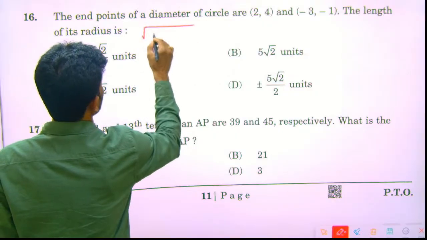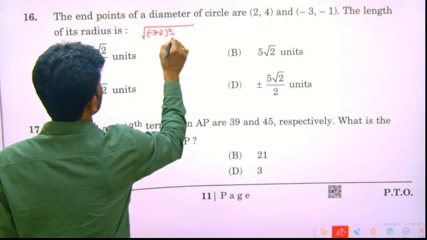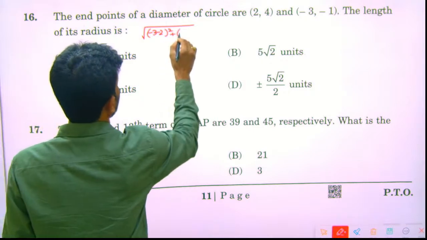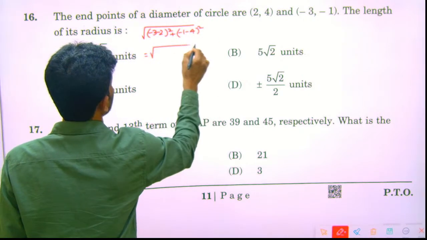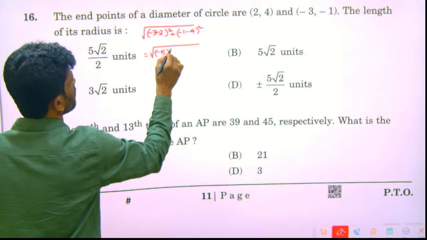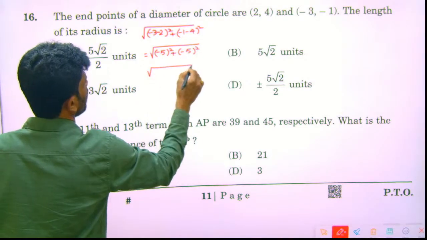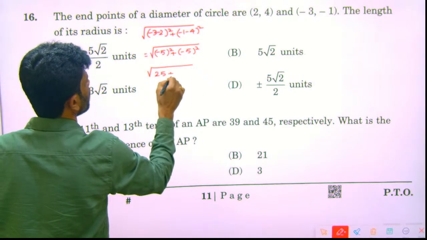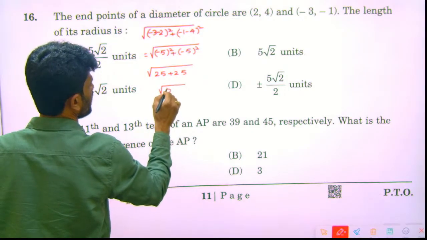So root of (minus 3 minus 2) whole square plus (minus 1 minus 4) whole square, which is root of minus 5 whole square plus minus 5 whole square, which is root of 25 plus 25, which is root of 50.